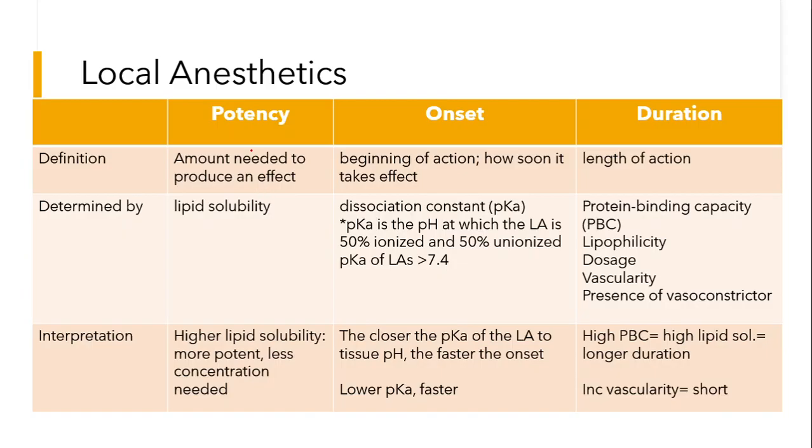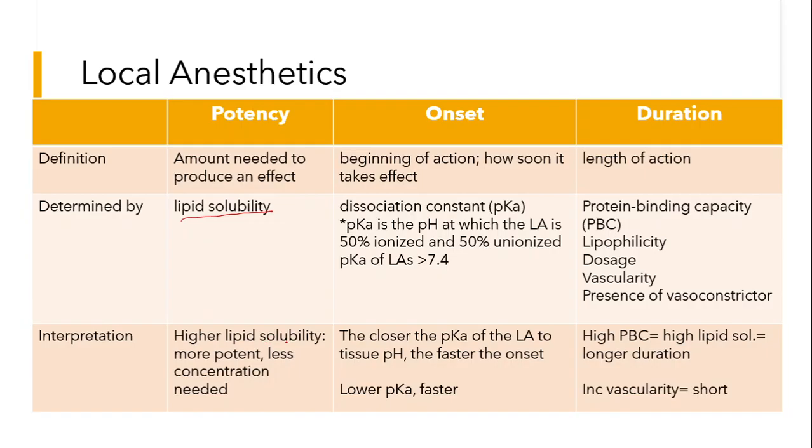Okay, so that's potency. Now, potency is determined by lipid solubility, or the ability of the local anesthetic to be soluble and to cross membrane barriers, which are basically lipid. So how do we interpret this?